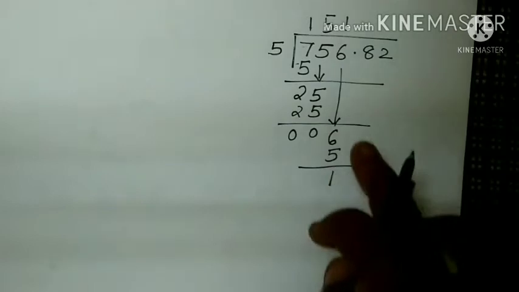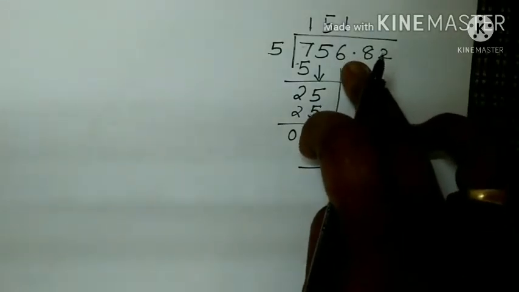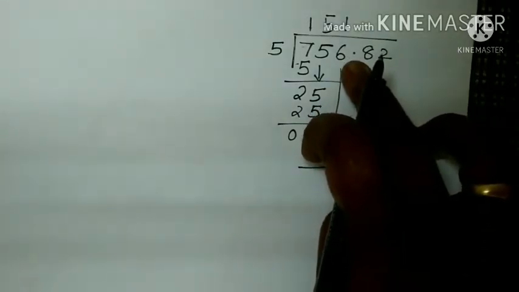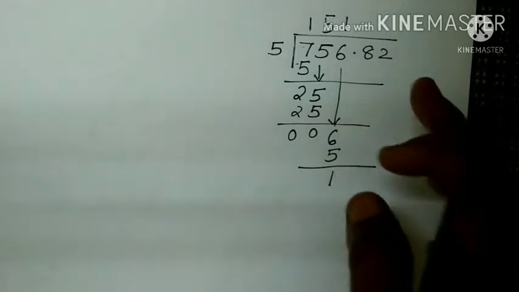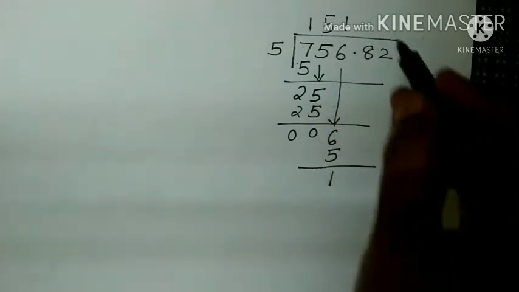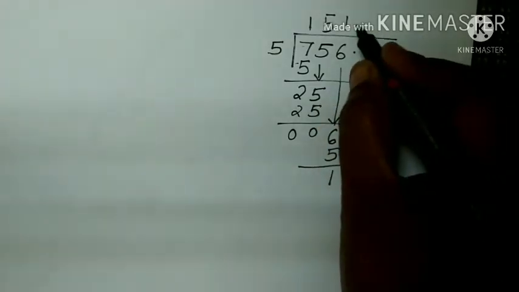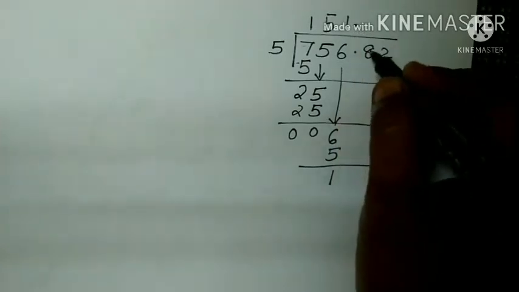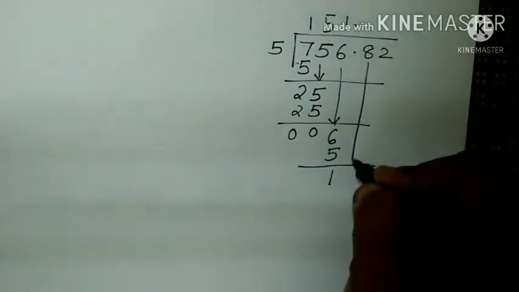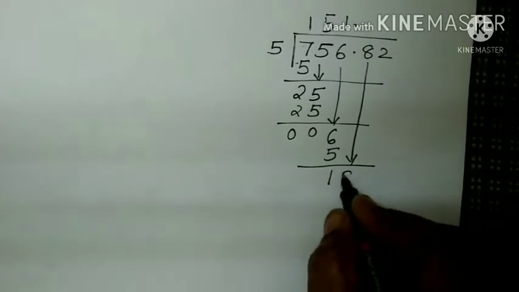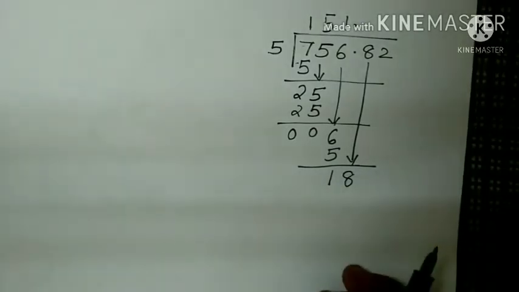So here is a decimal point, that you have to study in higher class. But now you just have to listen. So there in the quotient you have to put the decimal point. After that we have to move to the next place. 18. Okay.